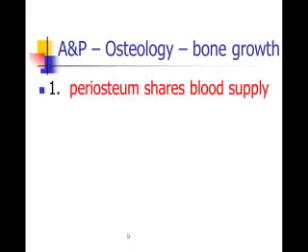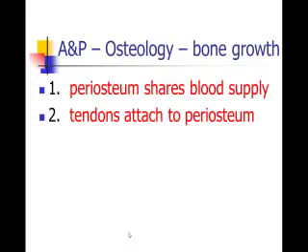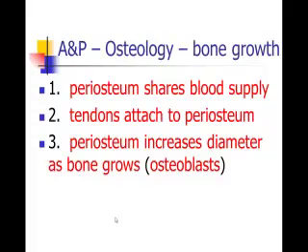So here we go. The periosteum is going to share its blood supply with the bone. And the bone is alive, so it has to have a blood supply or the cells would die. The tendons from the muscles don't attach to the surface of the bone. Rather, they attach to the periosteum. The periosteum is going to make the bone grow larger in diameter as the bone grows longer.